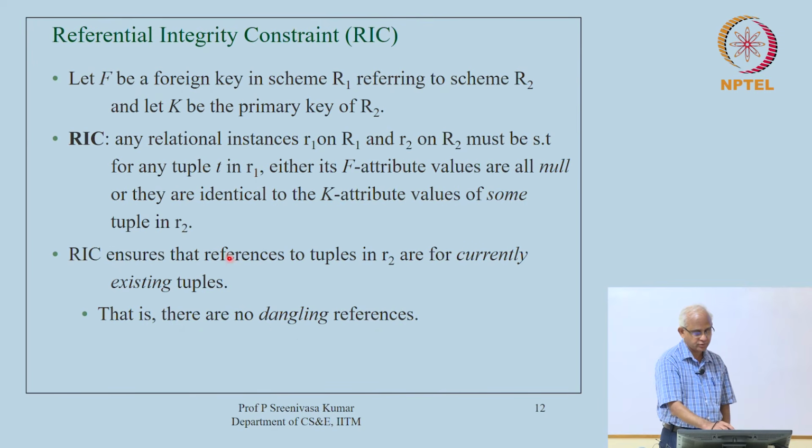RIC ensures that references to tuples in R2 from R1 refer to currently existing tuples, so there are no dangling references. This is a very important thing, which is why we convert it into a constraint and impose it as a referential integrity constraint.